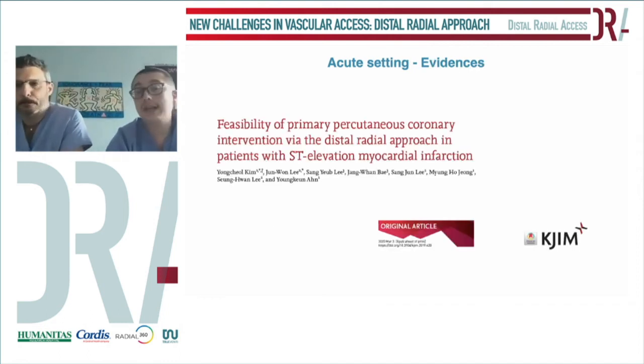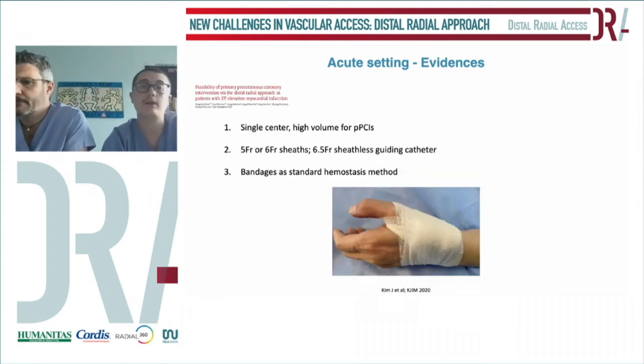There is already a publication on the topic. Kim published this paper in the Korean Journal of Cardiology, a single center registry from a center with a high volume of primary PCIs. They used 5 or 6 French sheaths and a 6.5 French sheathless guiding catheter from Cortis for interventional procedures.